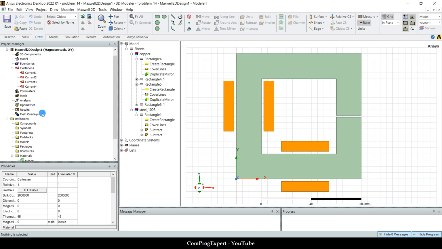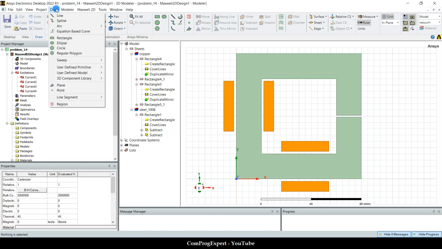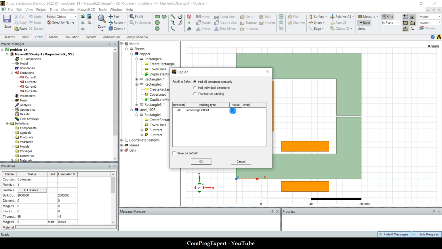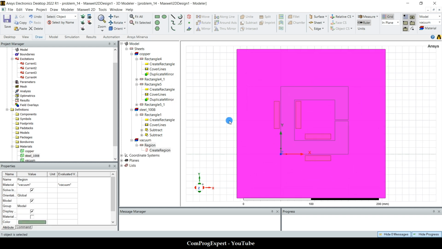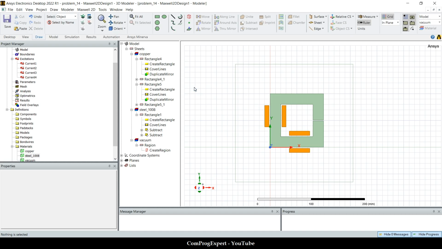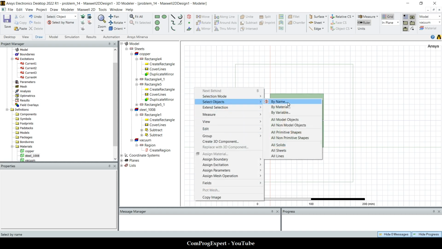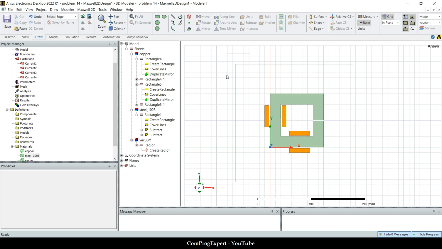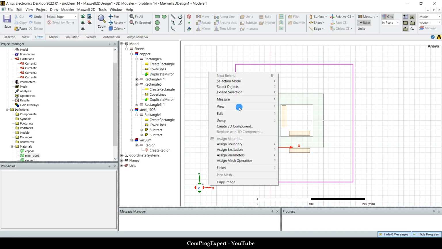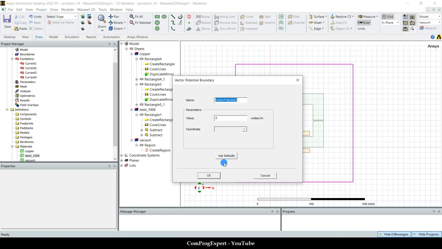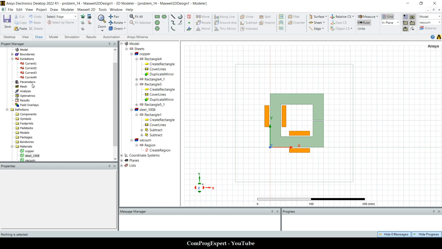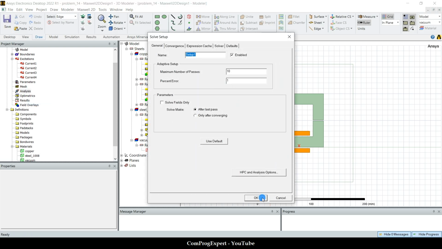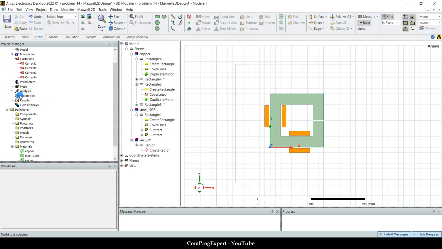So we defined excitations and the materials we have said. Draw the region again. Consider 50%. And let's select edges to apply the boundary conditions. The zero vector potential. And now we can solve the problem.